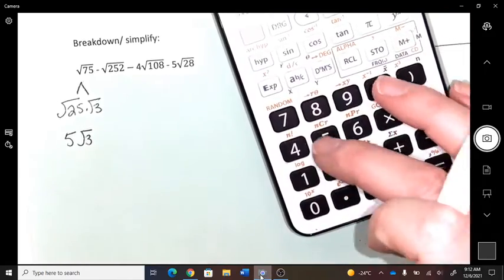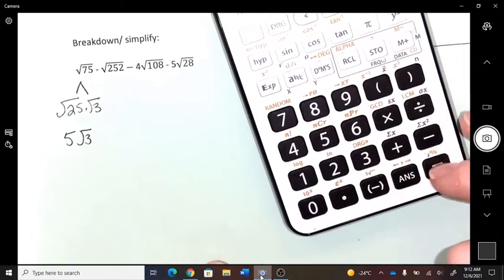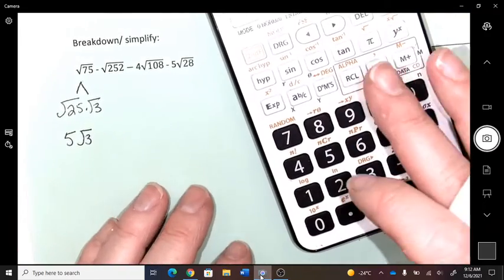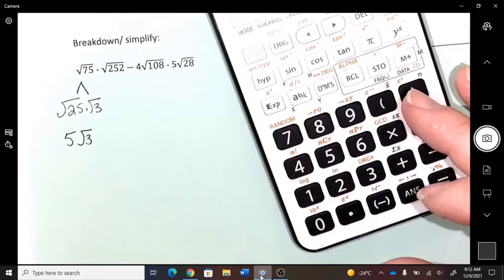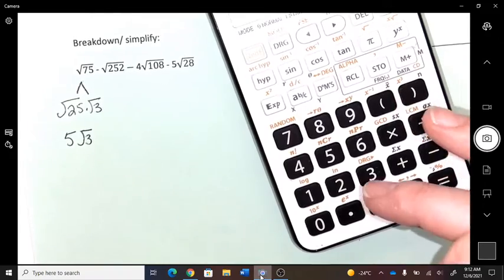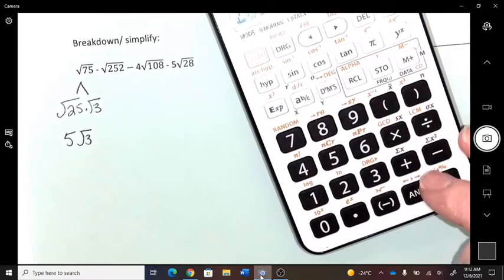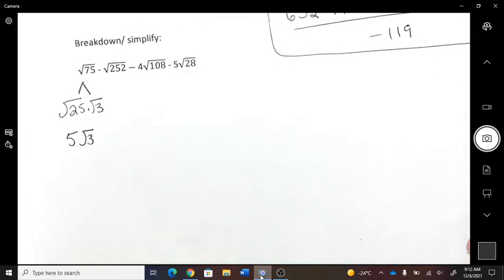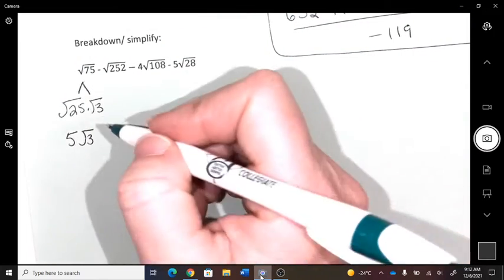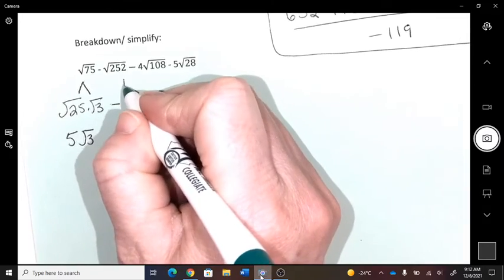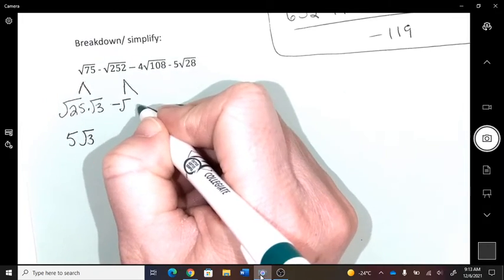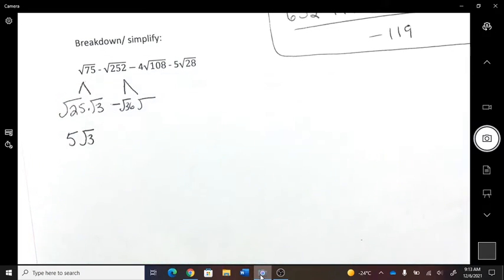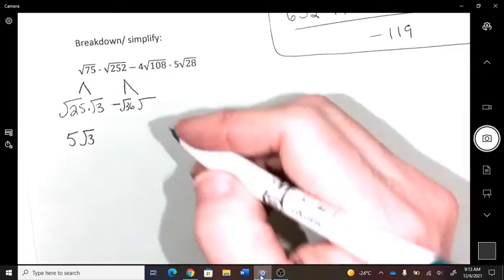Okay, 252. Let's look here. Is it divisible by, ooh, I found one already. I went bigger. You always want to go with the biggest one you can. I think I found that it's divisible by 36.